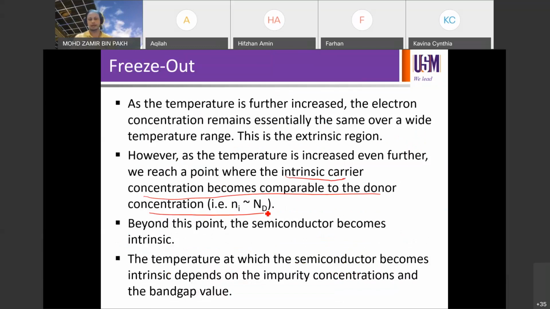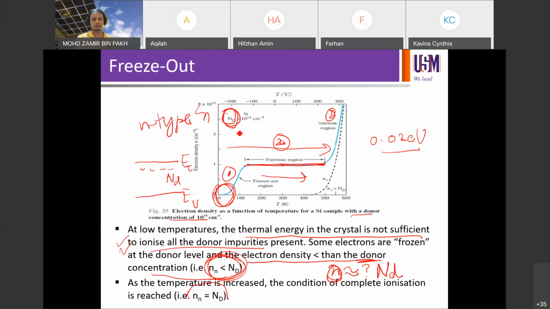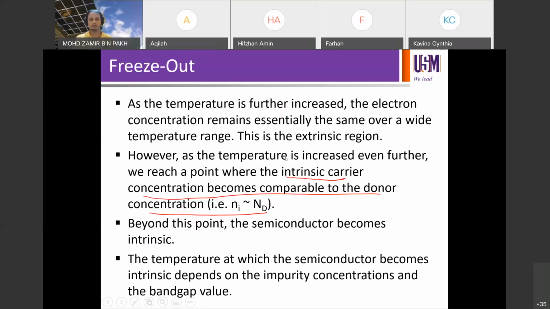So at this point, Ni will be high enough and will be close to the value of Nd. So say if your Nd is 10^15, at this point your Ni will also be close to 10^15. Okay, so in this case we started off with 10^15, right? So that means at this point, when you start to enter region number 3, your Ni will be close to the value of Nd, and beyond this point, the semiconductor becomes intrinsic.